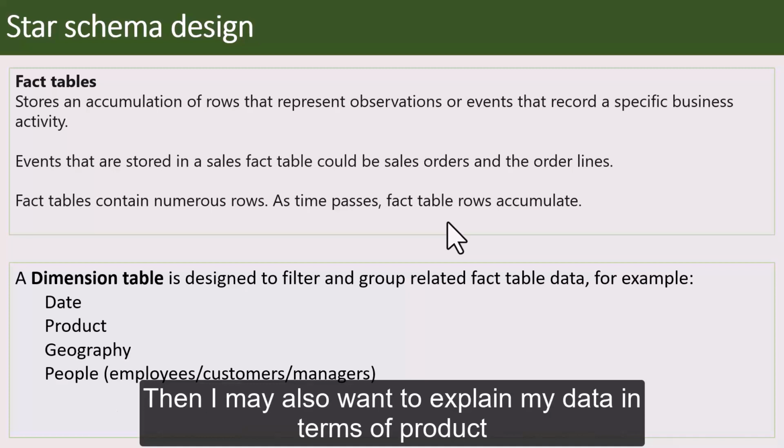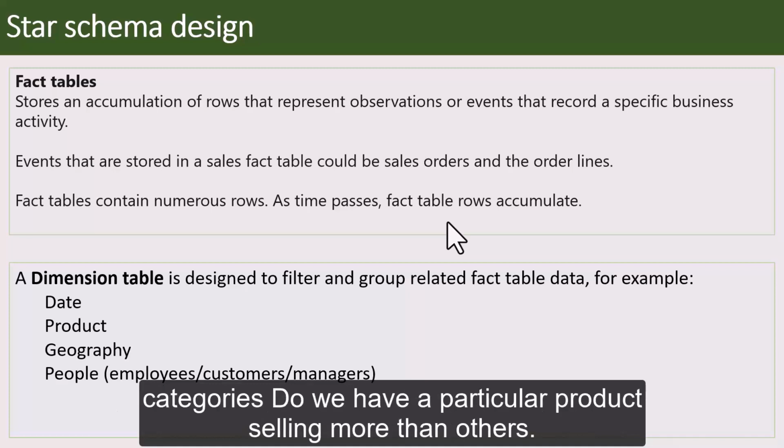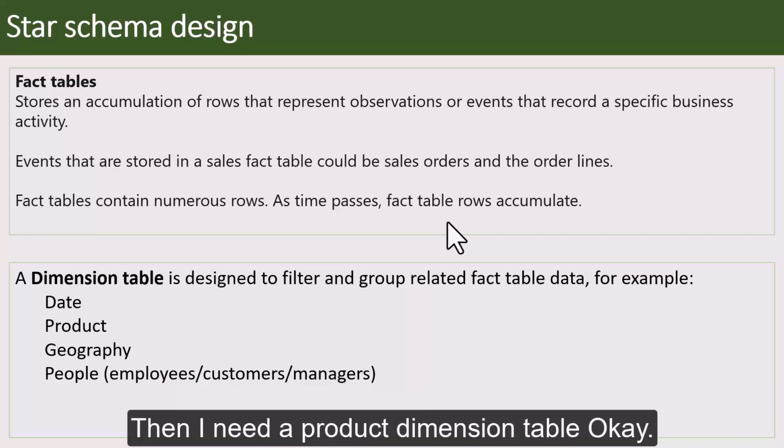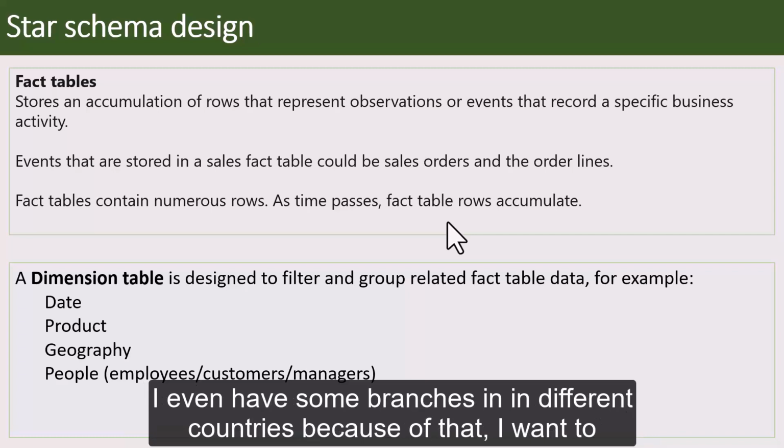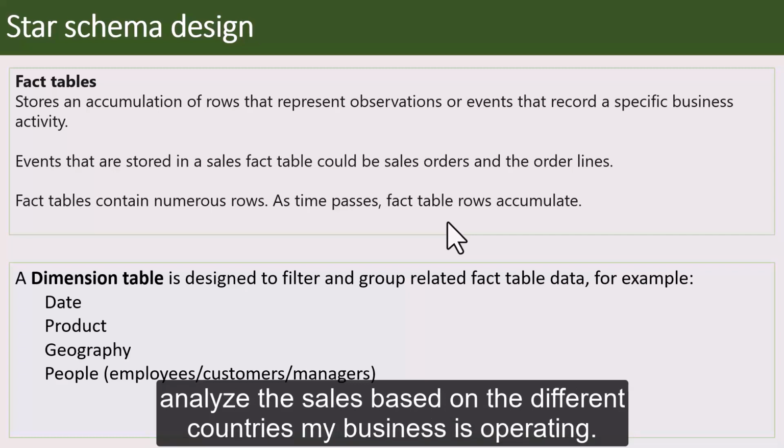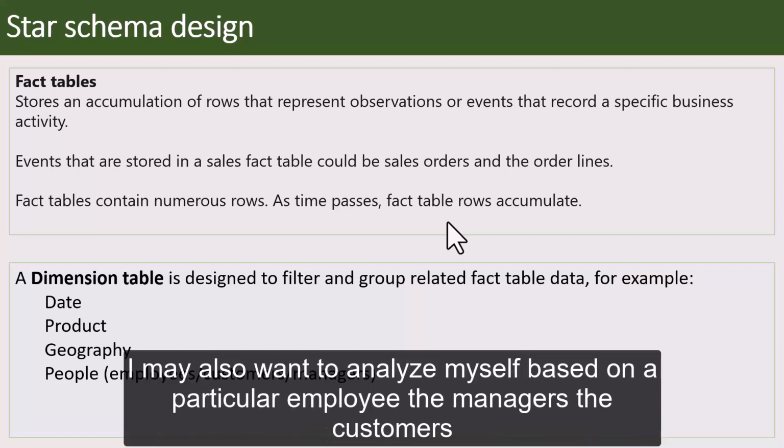Then I may also want to explain my data in terms of product categories. Do we have a particular product selling more than others? Then I need a product dimension table. Okay, maybe I also have several branches of my retail business, even in different countries. Because of that, I want to analyze the sales based on the different countries my business is operating in.